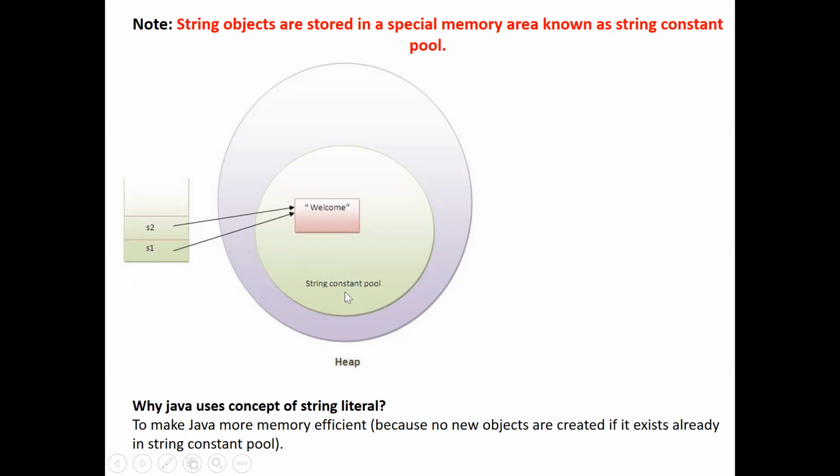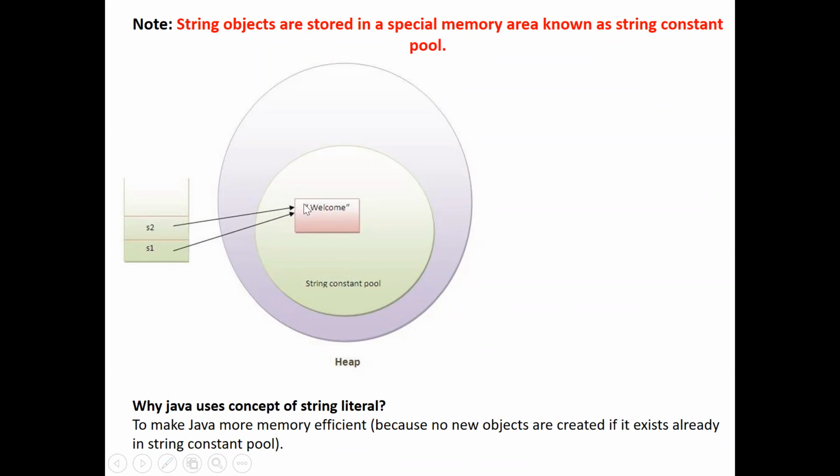Okay. Now double equals works like this: it will check whether the S1 reference and the S2 reference are both pointing to the same object or not. If pointing to the same object, it will return true. Otherwise, it will return false. So it did not bother about content level. It just checked reference level. S1 is there, S2 is there. Both are pointing to the same object or not.